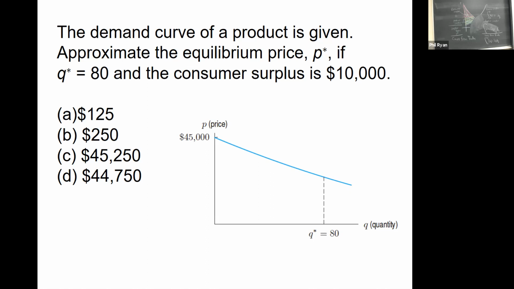And the consumer surplus is 10,000. So where do I put the 10,000 on the board? Yes, so this is what we want to find out, and this area is 10,000. This leg here is 80. If this leg is 80 and this area is 10,000, what is this leg here?